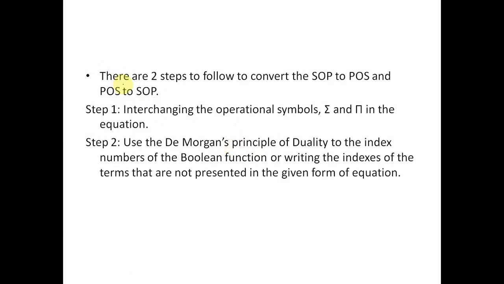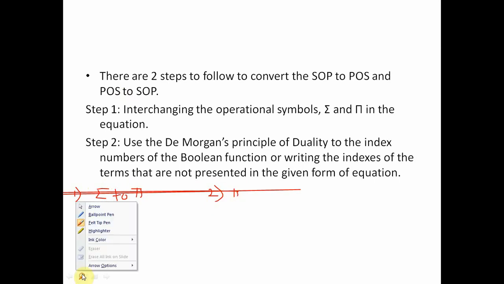To convert SOP to POS form and POS to SOP form, two steps are followed. The first step is to interchange the operation symbols summation and pi in the equation, that is, convert summation to pi, or pi to summation.